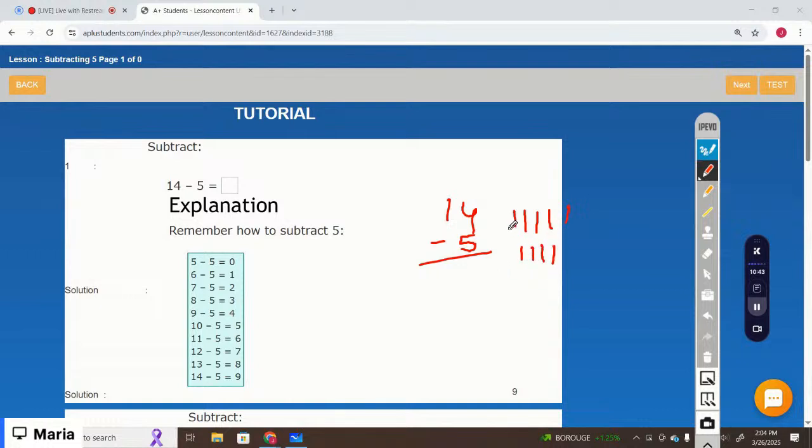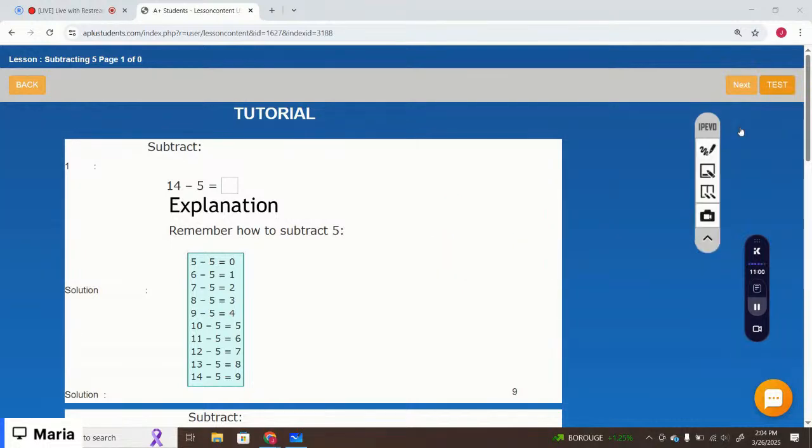Now you can count these lines: 1, 2, 3, 4, 5, 6, 7, 8, 9. So that means starting from 5 until 14, you have 9 numbers there. So 14 take away 5 is 9.